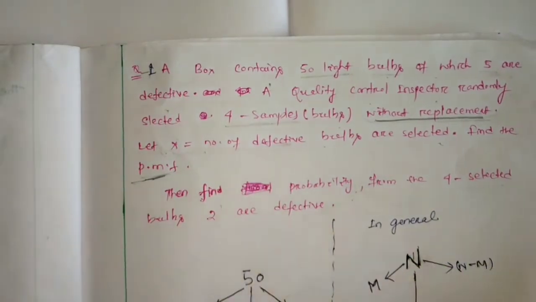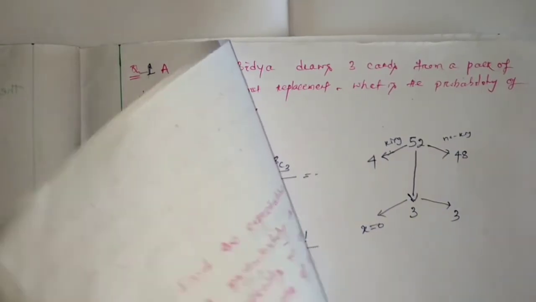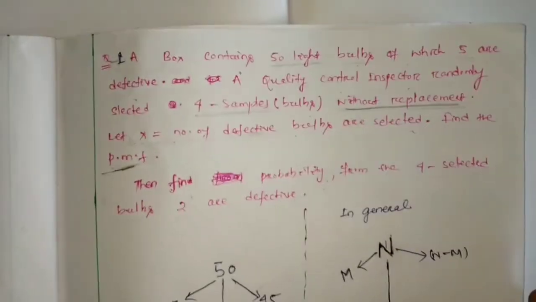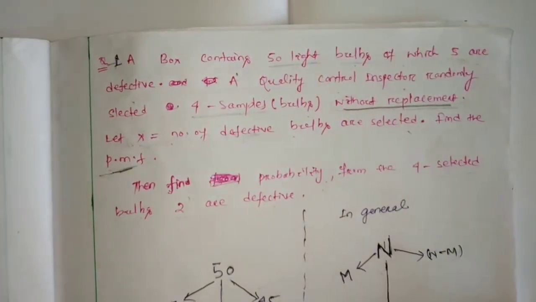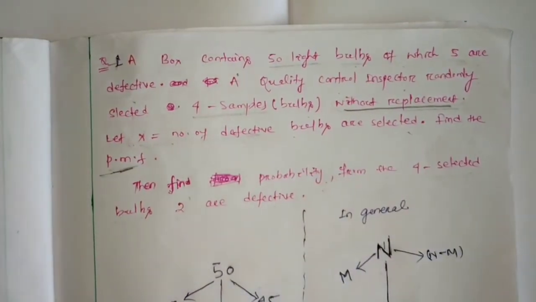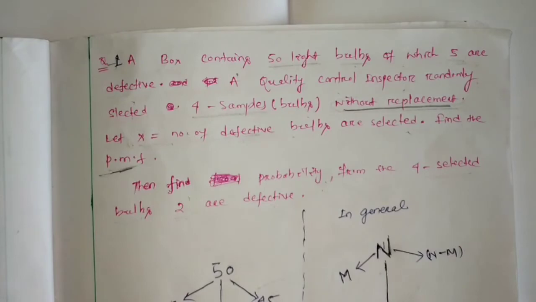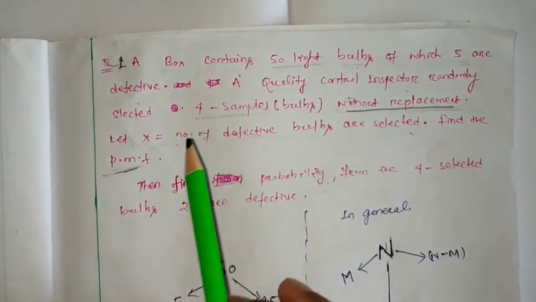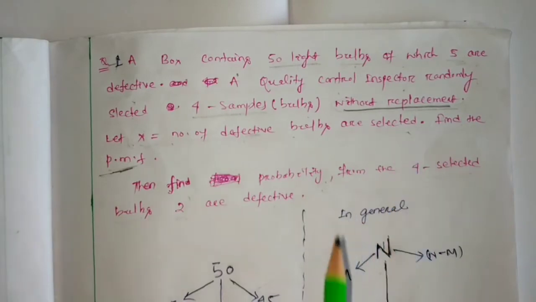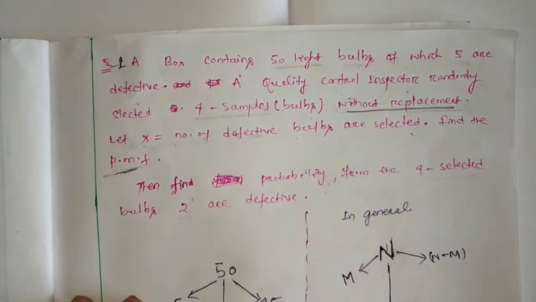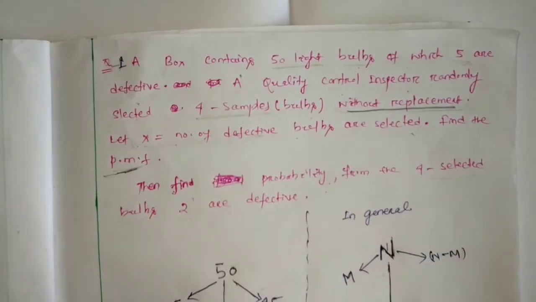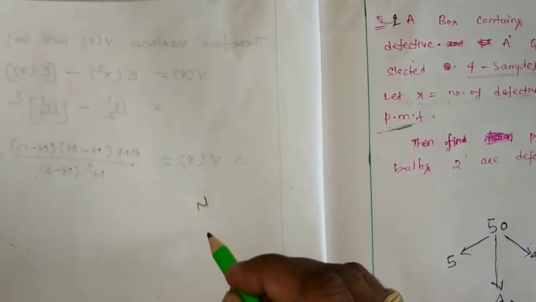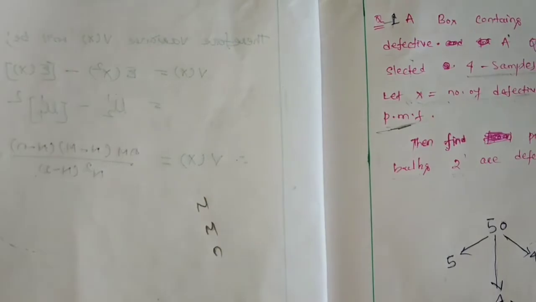Before we do the numericals, I have 6 numericals. I suggest one thing: whenever you are reading the question, you have to read carefully and first try to find the values of capital N, M, small n and x.